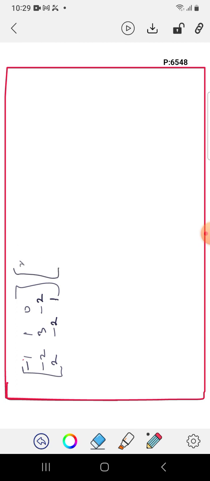All right. So this example says that we have this matrix minus 1, 1, 0, minus 2, 3, minus 2, 2, minus 2, and 1. And we are multiplying it by x, y, and z.